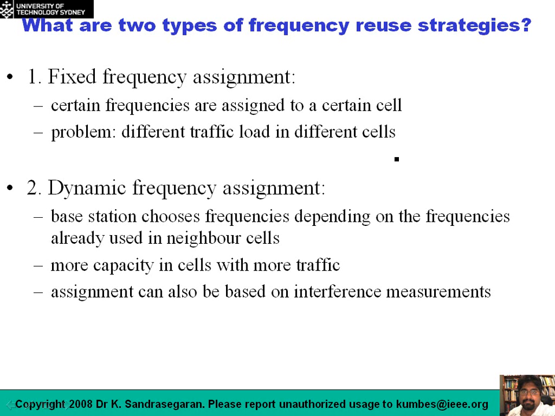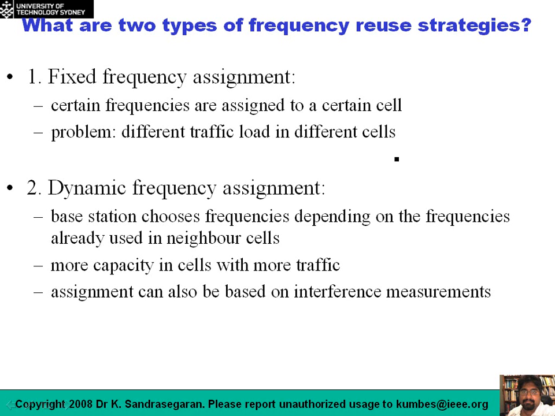So most of the time nowadays you don't have fixed frequency assignment. You have dynamic frequency assignment. That means base stations are allocated frequencies based on their load.